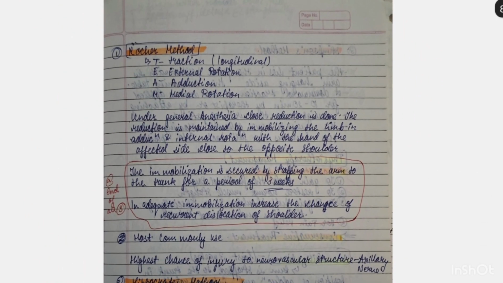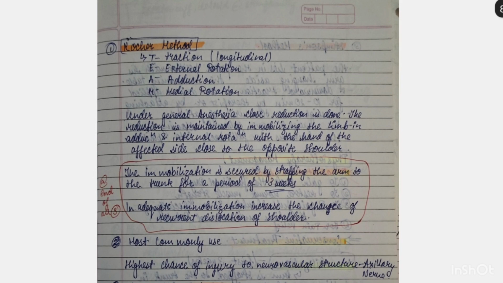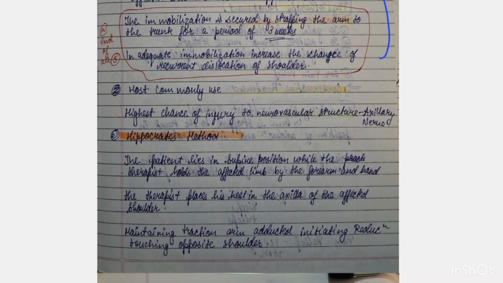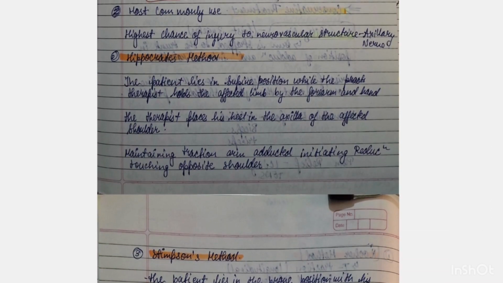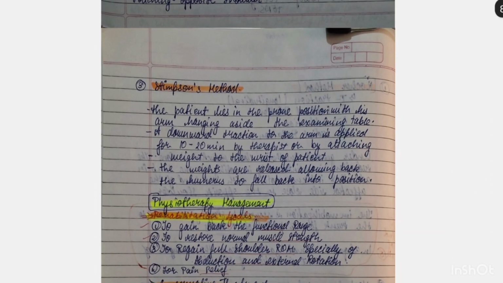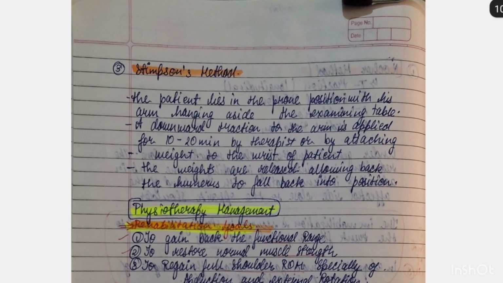Again over here I have mentioned in a very detailed and simplified manner how these methods are done to treat dislocation of shoulder. You can pause the video and read, and if you cannot understand anything, do let me know in the comment section. This is the second method, Hippocrates method, and this is the third, Stimson's method.